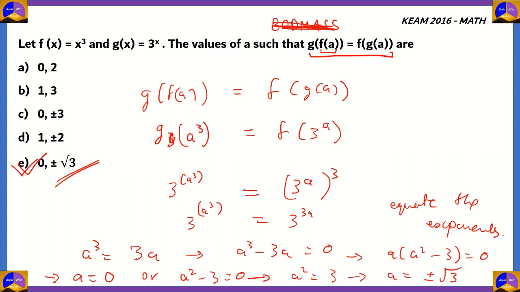So option E contains the correct values of a, such that the composition of g and f is equal to the composition of f and g. So g of f of a is equal to f of g of a is true when a equals 0, plus root 3, or minus root 3.